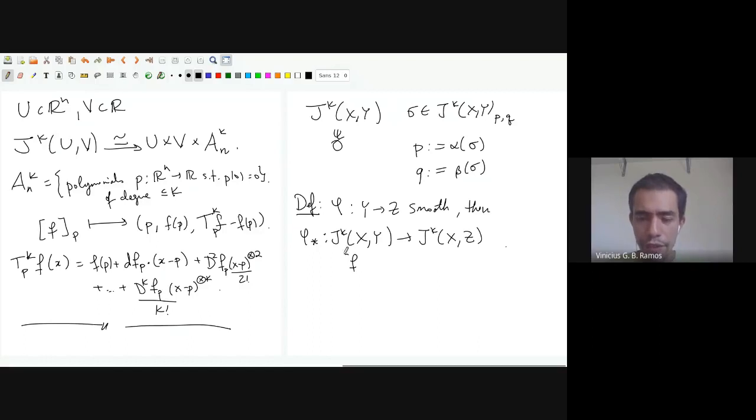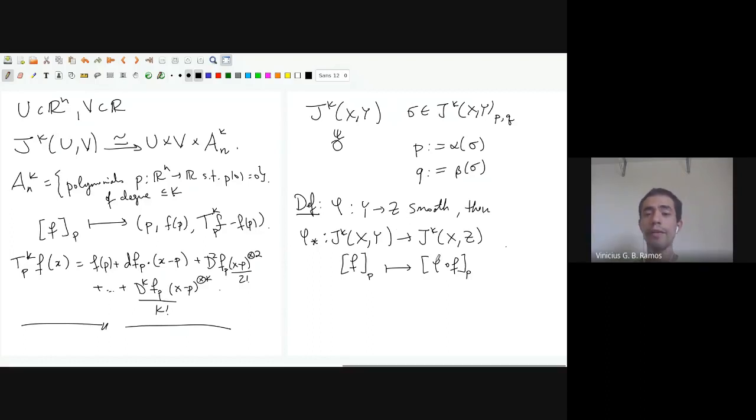Well, if you have the jet of a function f at some point p, you compose f with phi. And this is still going to be a jet at point p, but now it has values in Z.